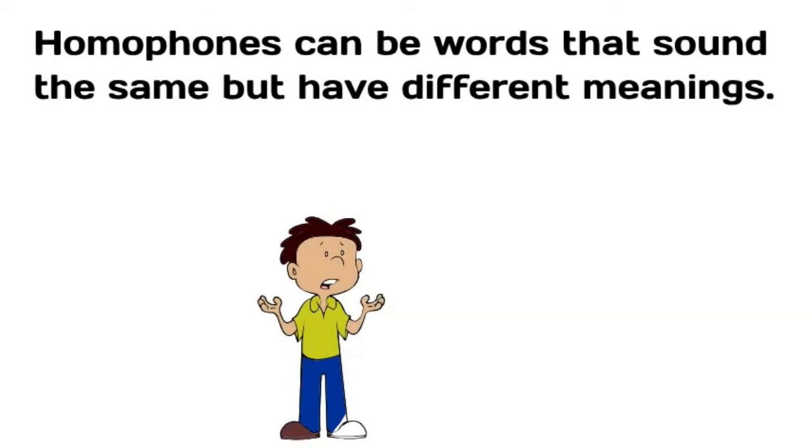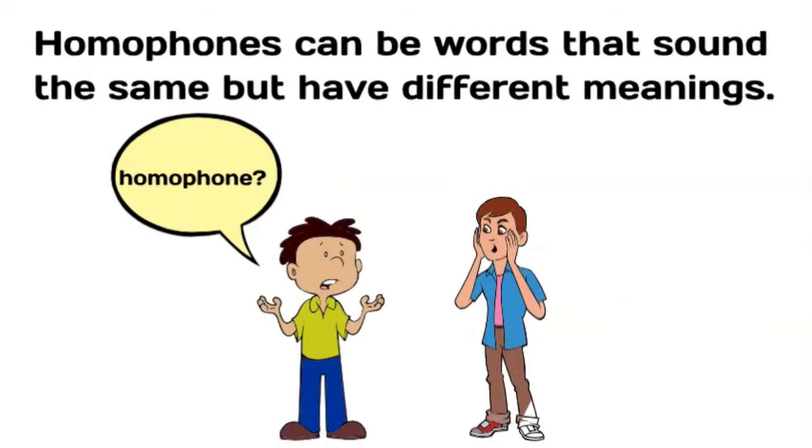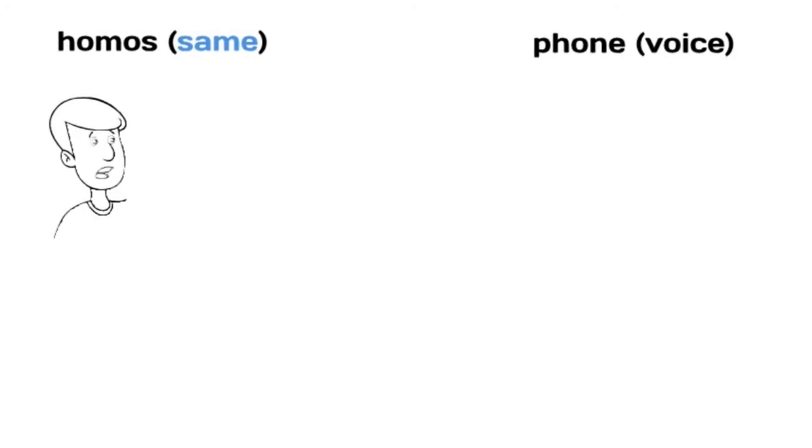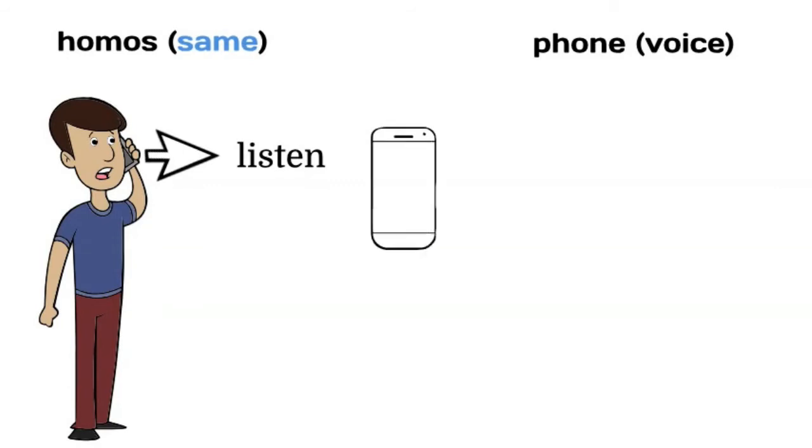This is great, but how do we keep this organized in our head so as not to confuse this with what a homograph is? Here's one way to help you. We know that homo means same, and we know phone means voice. A phone is an object we can bring to our ear, and what do we do with it? Well, we listen to the sounds of a voice coming through from the other side of the phone.